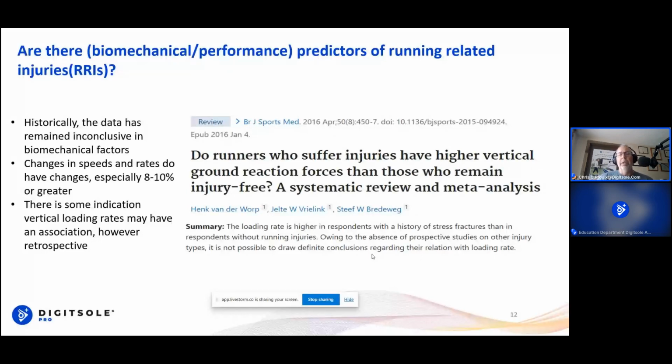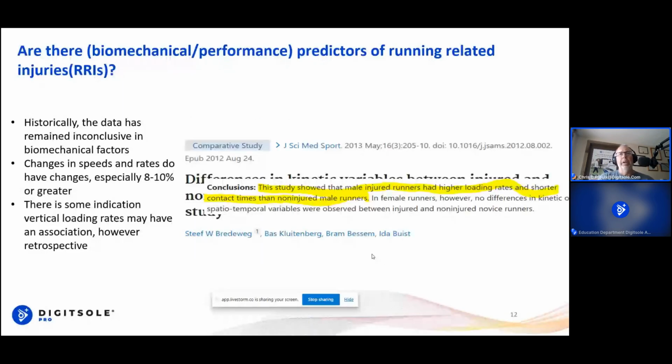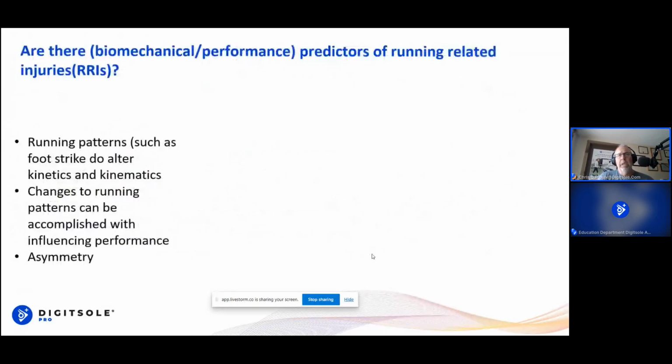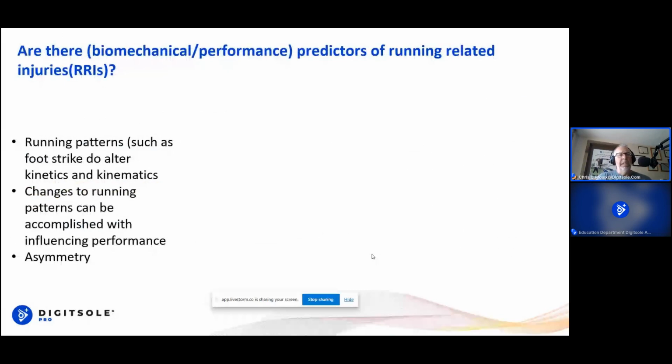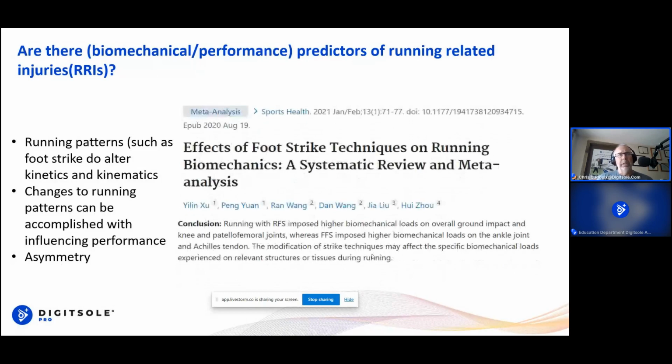So we do know that running speed dramatically does change a lot of the parameters and metrics associated with running, and that could potentially have an influence. It could induce fatigue a little bit earlier. It could change some of your kinetics and kinematics, especially your strike position, your strike forces potentially, and it should affect your stride length, cadence, and things like that.